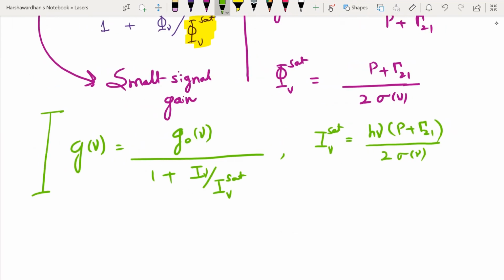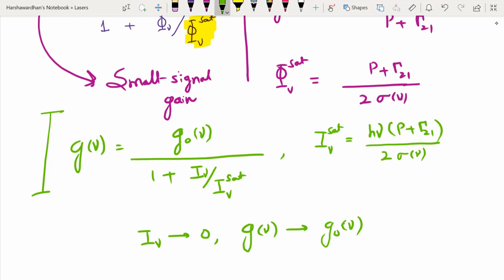I'm essentially repeating myself. This form of the gain coefficient is very generic in the sense that as the intensity of the lasing photon tends to zero, you see that the gain becomes maximum, it goes to the small signal gain. This feature and this kind of power law dependence on the intensity is a generic feature of lasers.